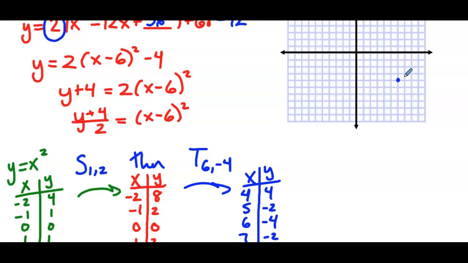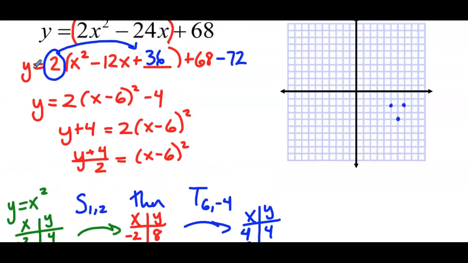That's our vertex. And then we have 5, -2. And 7, -2. And then we have 4, 4. 4, 1, 2, 3, 4. And 8, 4. So there we have our points.